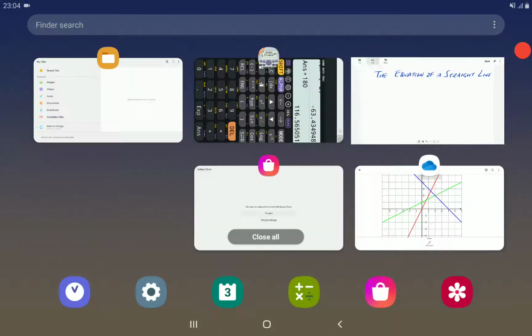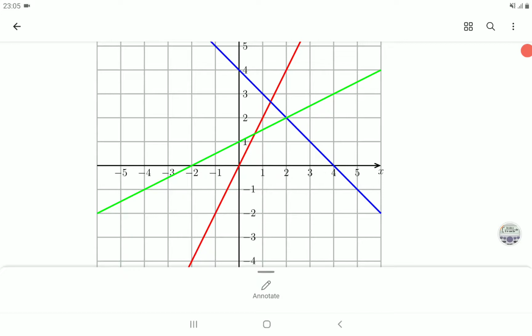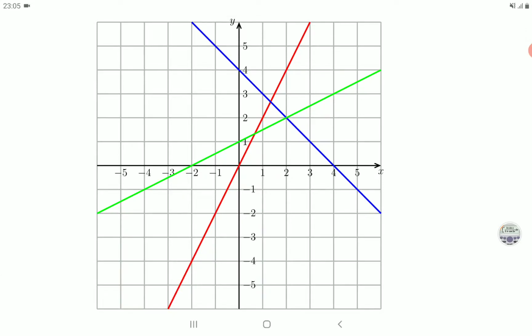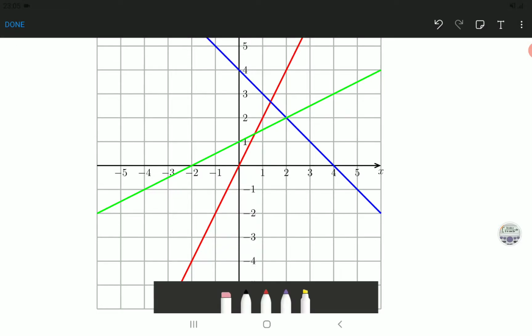Right, so let's go to the grid here. So here we have got an XY grid. We already have some straight lines there, but before we go into these colored straight lines, let's make some straight lines of our own.